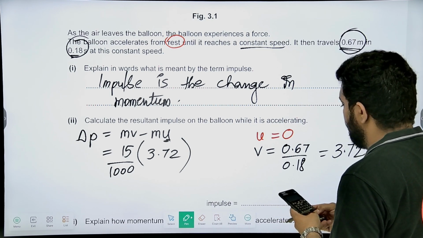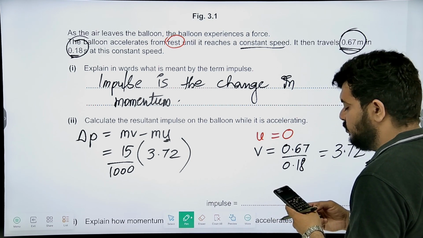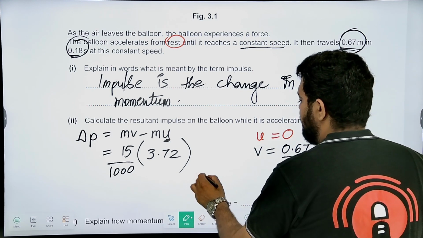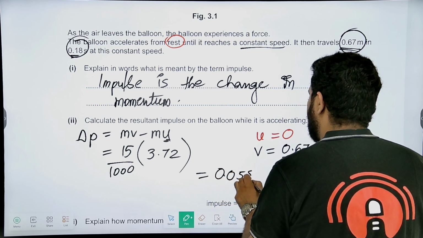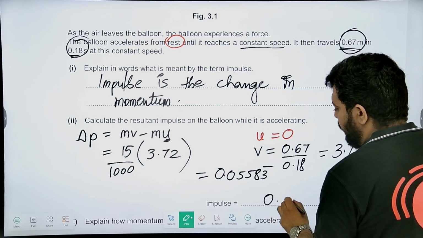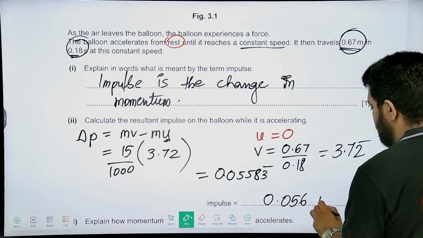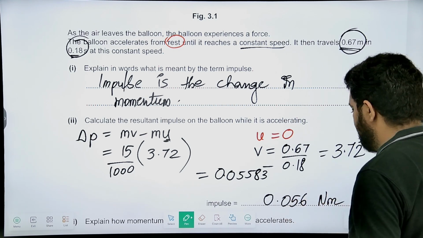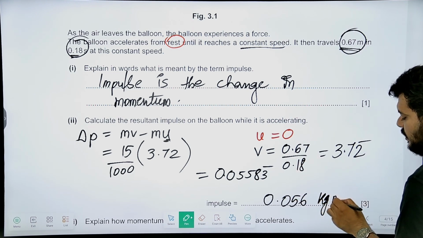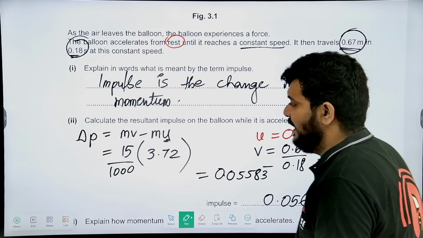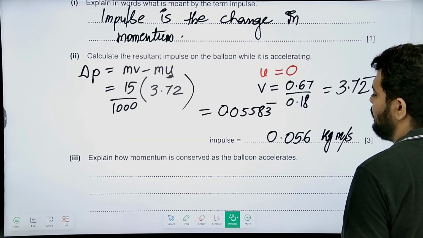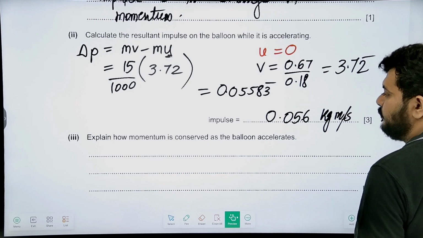So I find that the impulse is 0.05583 recurring. So I will say that this is 0.056 Newton meter, right? Or because I have used change in momentum, I can write kg meters per second. This is a better unit, okay? Because we have used velocity for our calculation and mass, we should write kg meter per second.